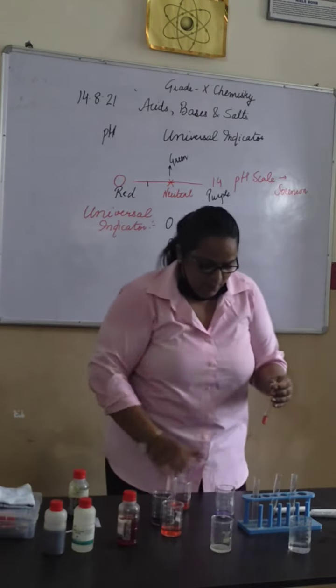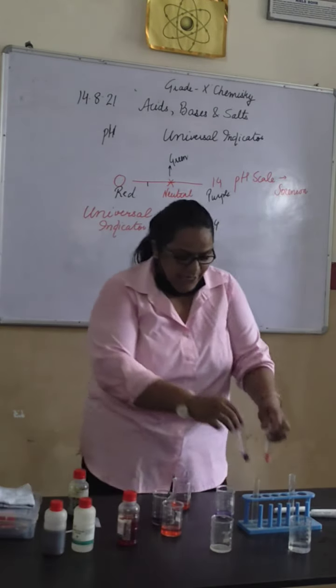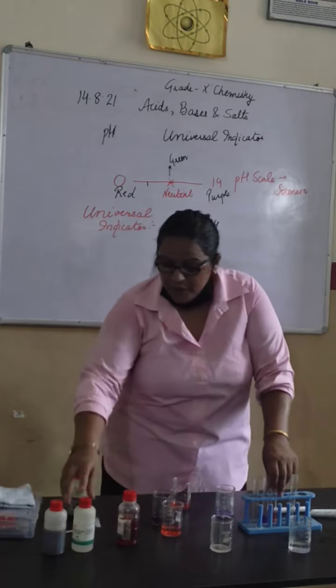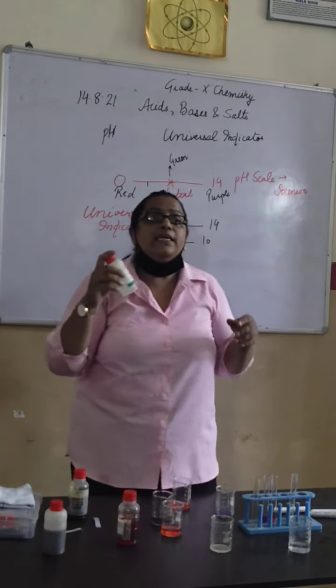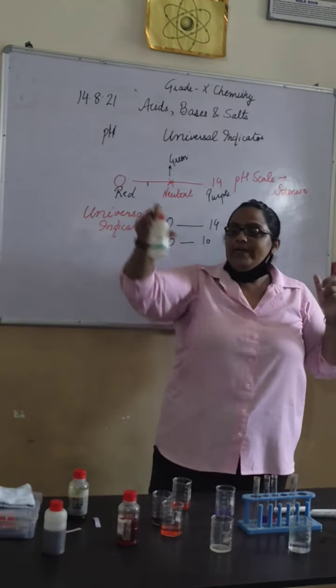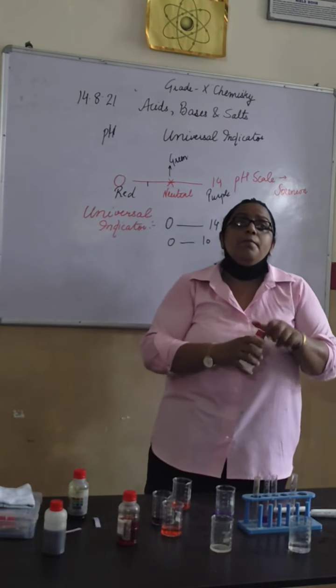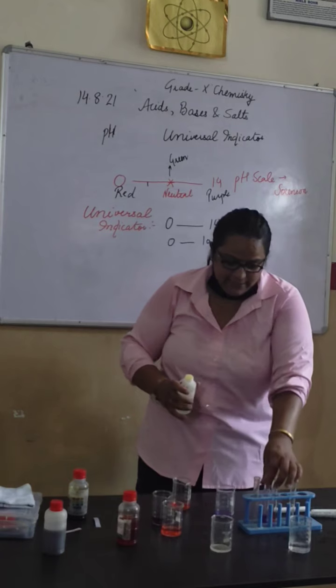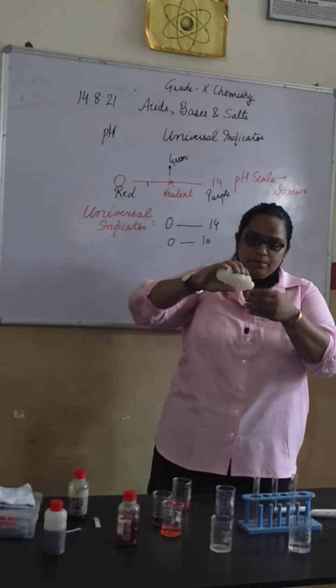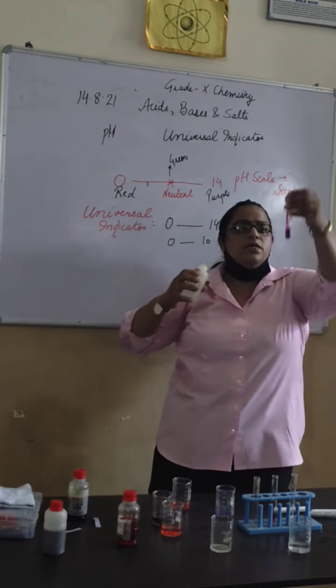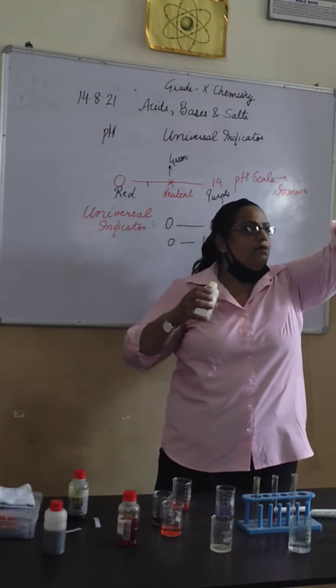See, first I am going to add phenolphthalein. Phenolphthalein is a natural artificial indicator. What is its color? Its natural color is colorless, and it gives pink color with base. See, can you find the change in color? Yeah.